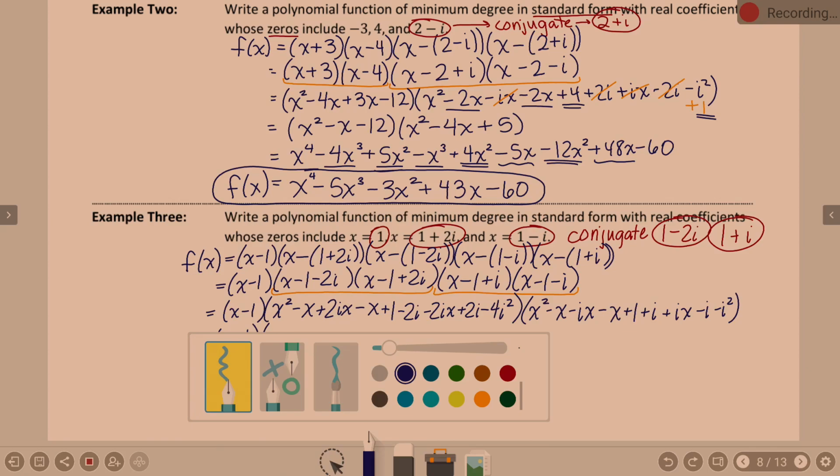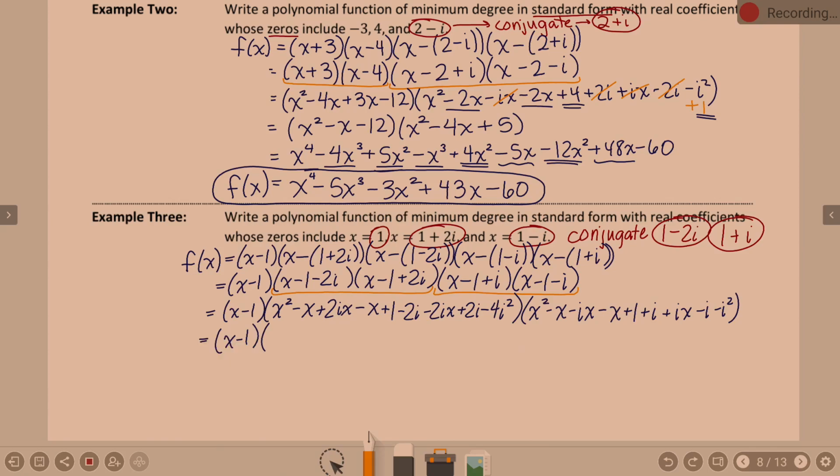Did we get, okay, and my 1 with the 2 i's, did everything work out? 2ix cancels with minus 2ix. Minus 2i cancels with plus 2i. What's a minus 4i squared going to become? A plus 4.